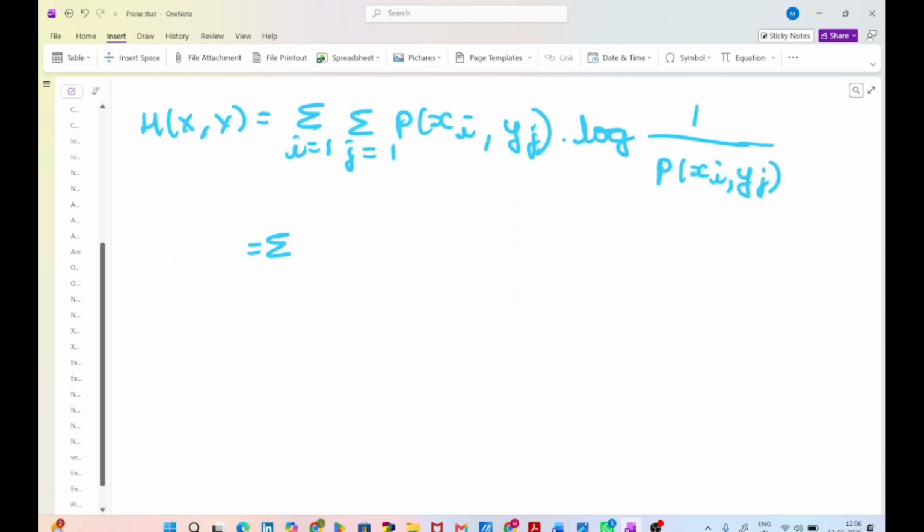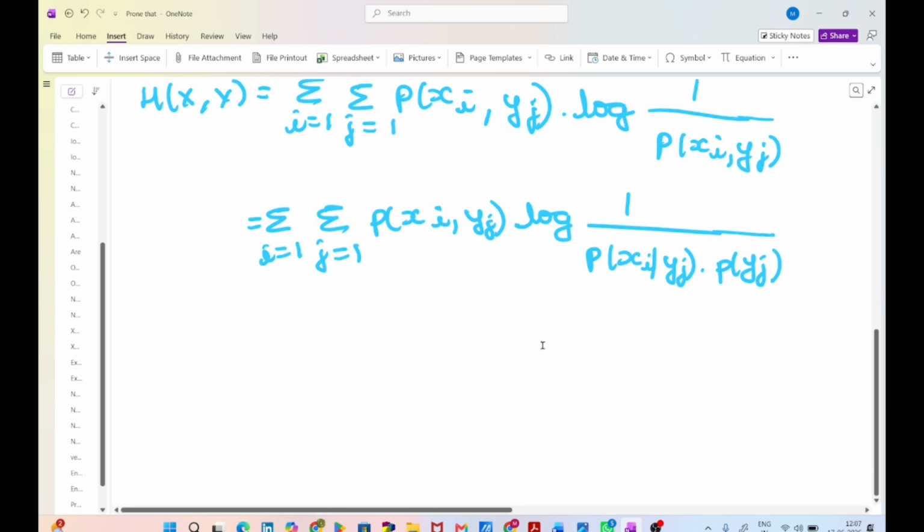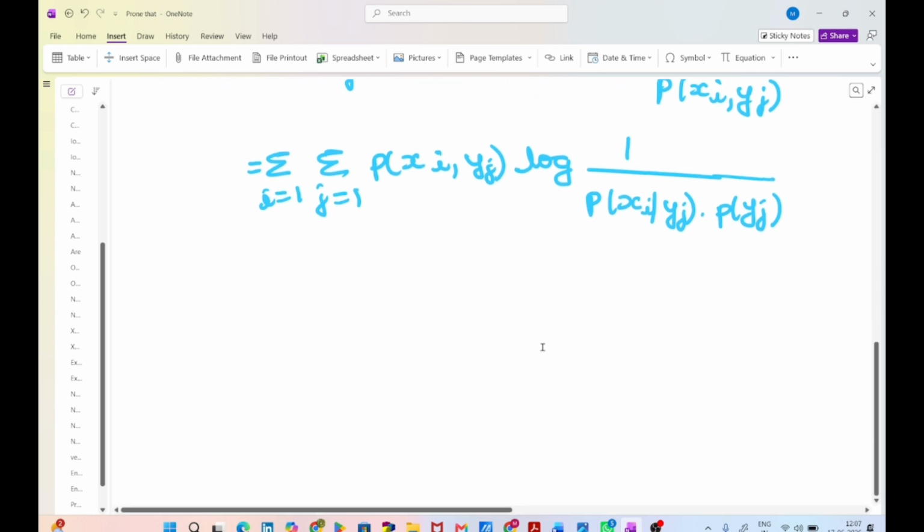Then summation over i, j of p(xi, yj) log of 1 by p(xi|yj) into p(yj). And then we know that log 1 by mn is equal to log 1 by m plus log 1 by n.